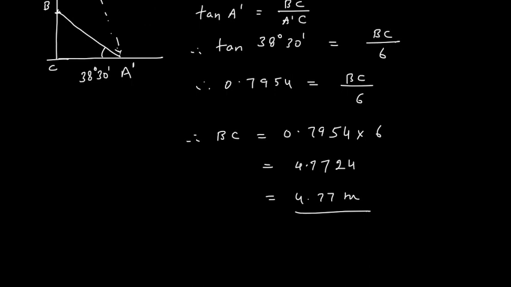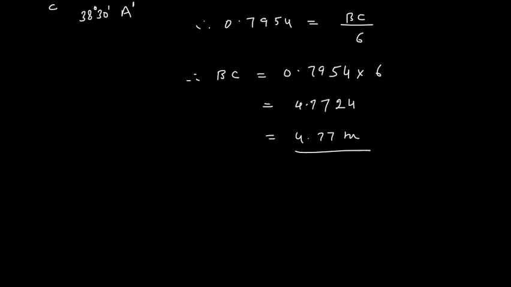Now I have to find the value of A dash B, that is, I will look for cosine of 38 degree 30 minute.